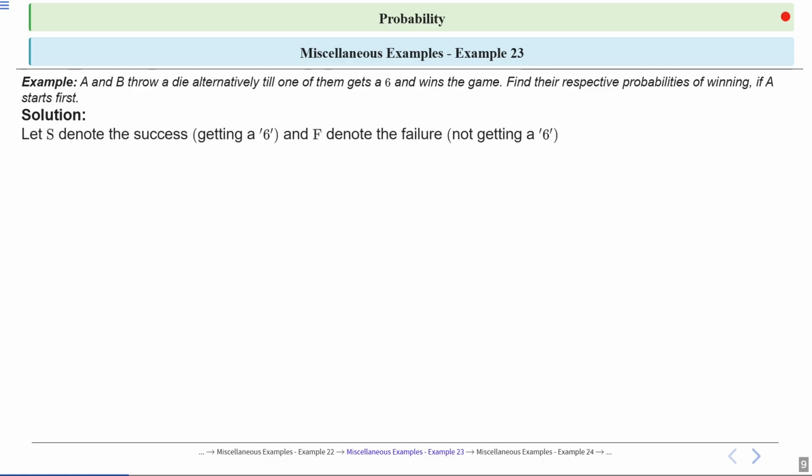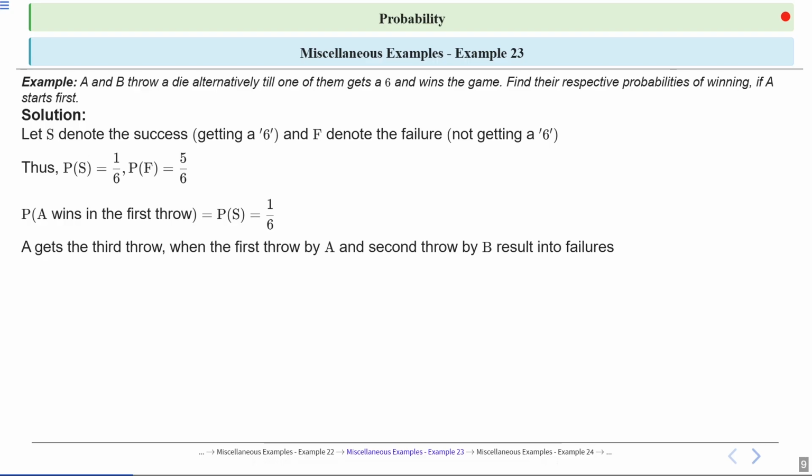First, let S denote the success, getting a 6, and F denote the failure, not getting a 6. Thus, probability of S is 1 by 6 and probability of F is 1 minus 1 by 6, which is equal to 5 by 6. Then, probability of A winning on the first throw is probability of S, equal to 1 by 6.